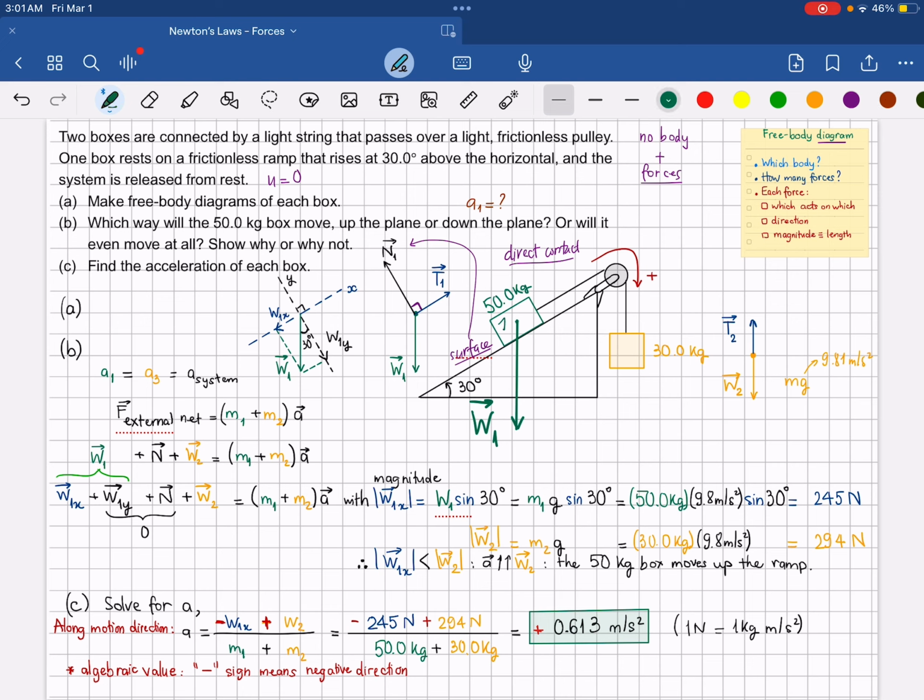In order to find the acceleration of the box, usually we start with Newton's second law, because with Newton's second law we can write the net force acting on mass 1 equals mass 1 times A1. So if we can find all the forces, then we can find the acceleration.